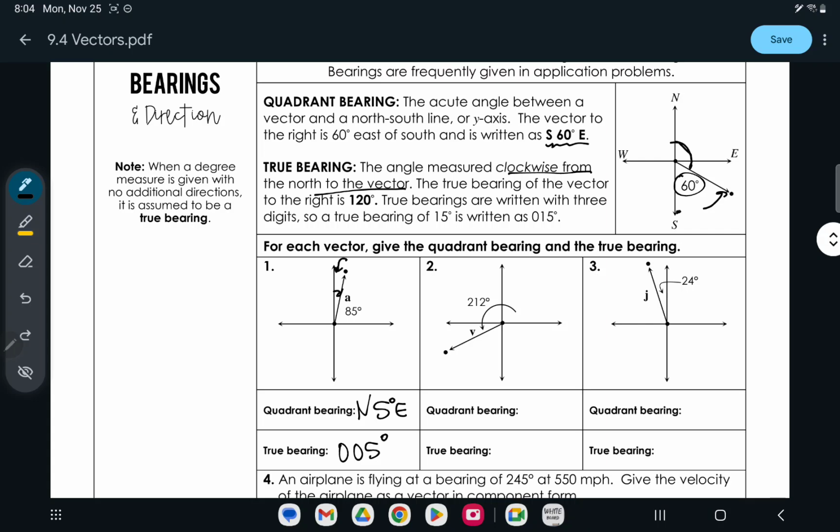Okay, so the whole angle is 212. The quadrant bearing is the acute angle between the vector and a north-south line, or the y-axis, so this angle right here.